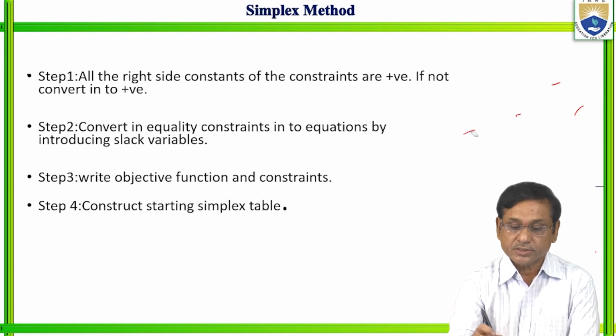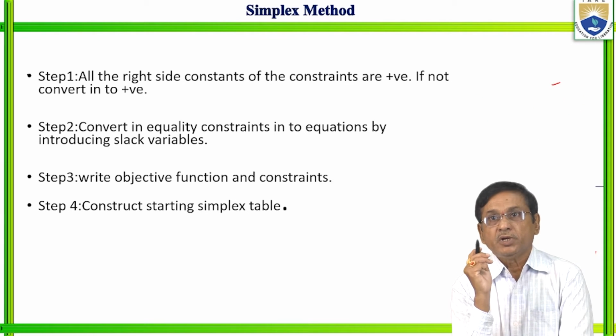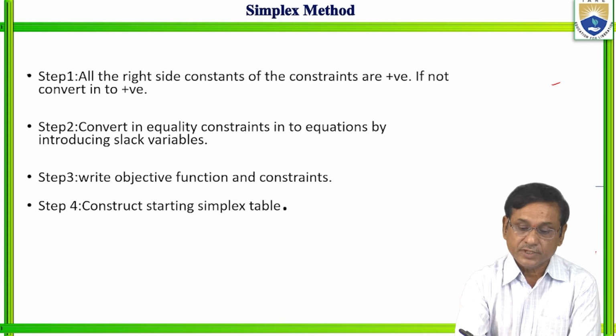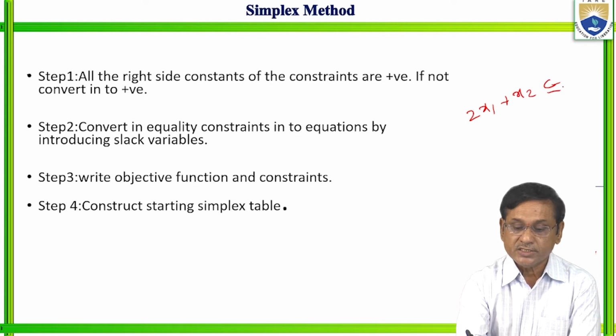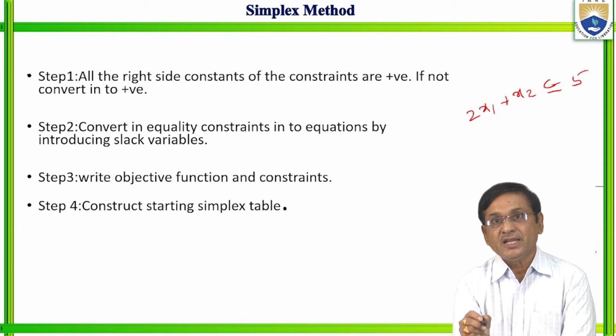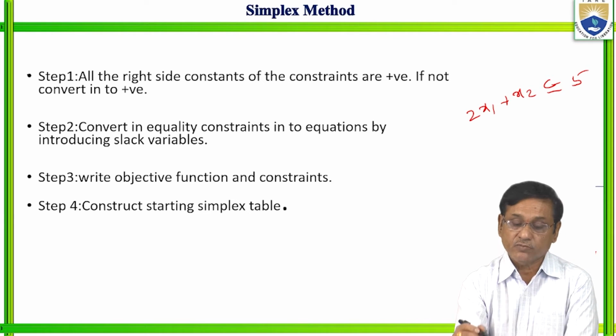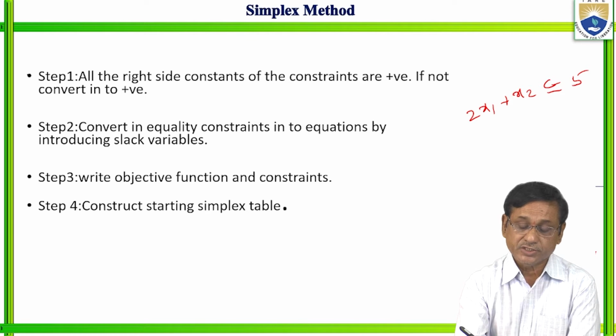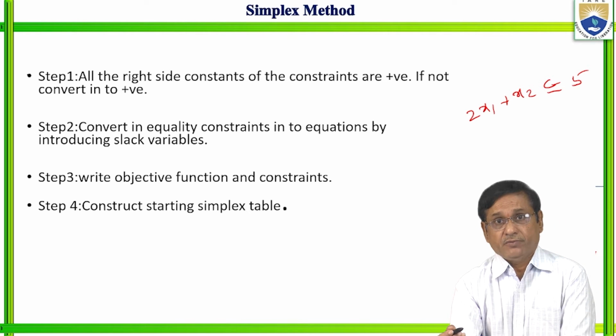Next, convert the inequality constraints into equations. For example, 2x1 plus x2 is less than or equal to 5. So, it is an inequality having a less than or equal sign. Now, convert that into an equation by introducing slack variables.